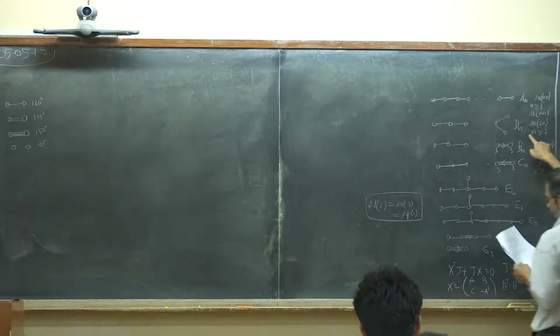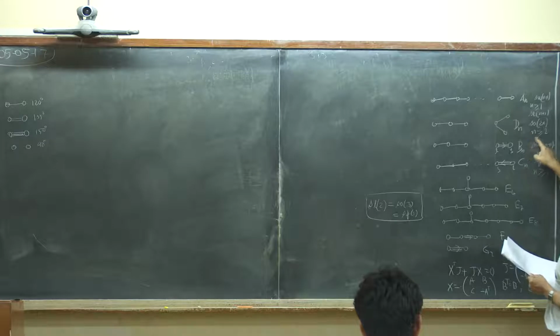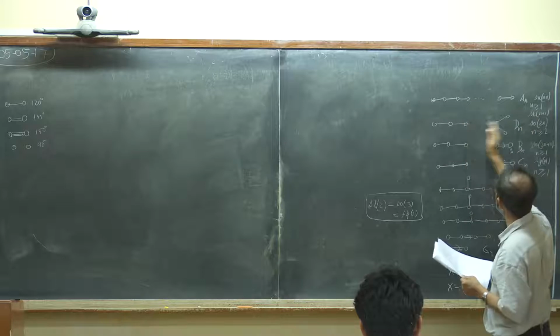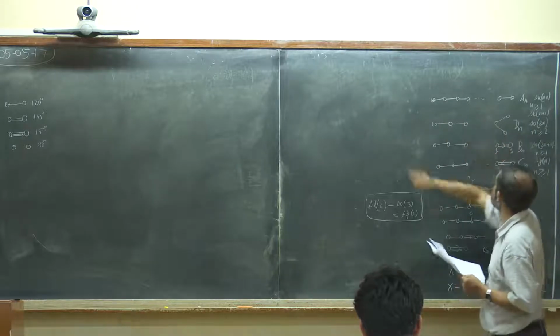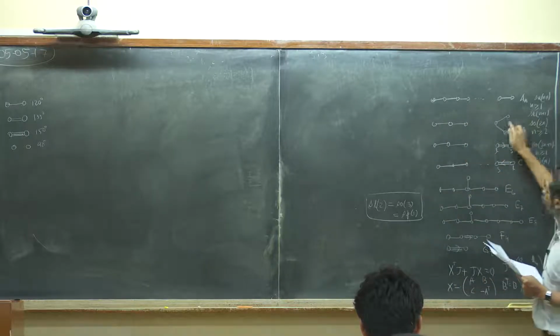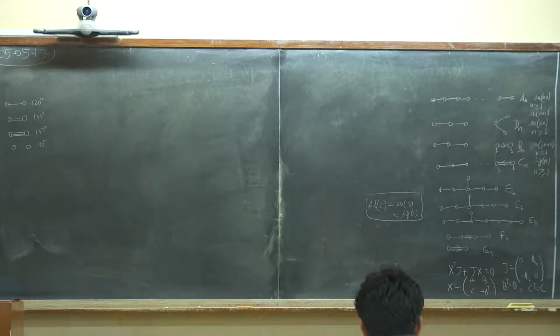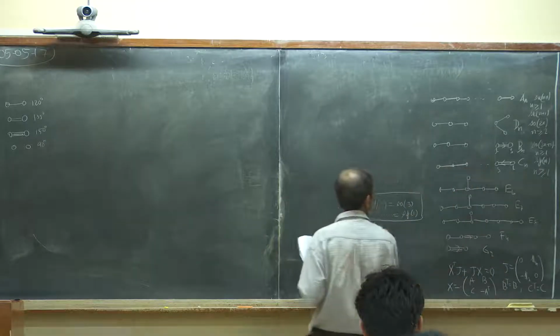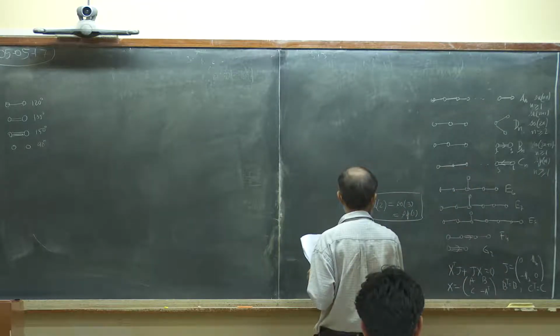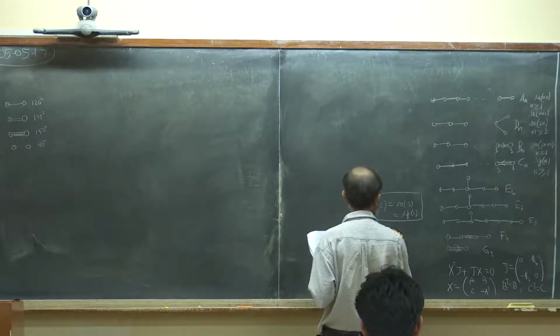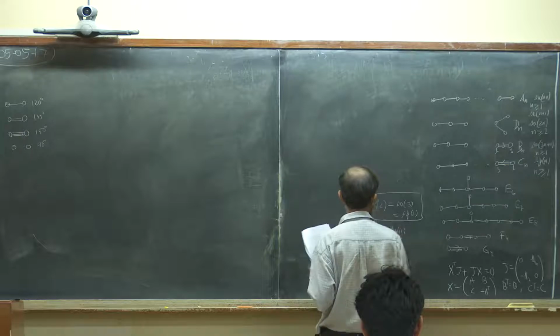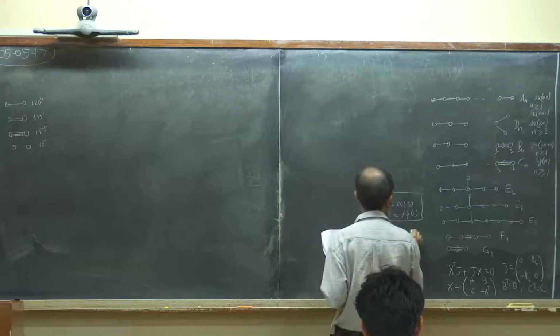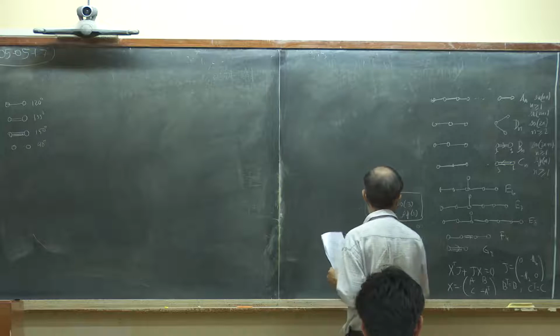Another interesting special case is n equal to 2. You are supposed to extend this diagram from this side. So for n equal to 2, it's just two disconnected blobs. So I'm talking about D2 now, that is SO4, and it looks like this, two disconnected blobs. What does it mean?